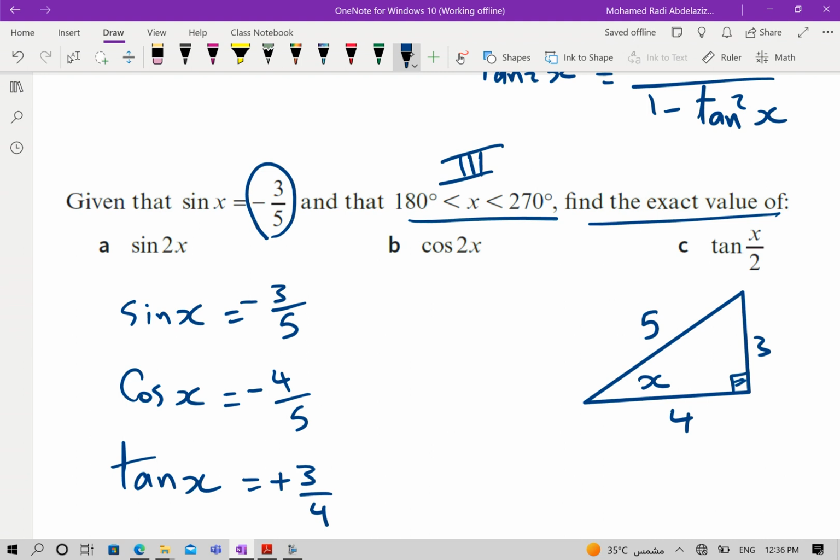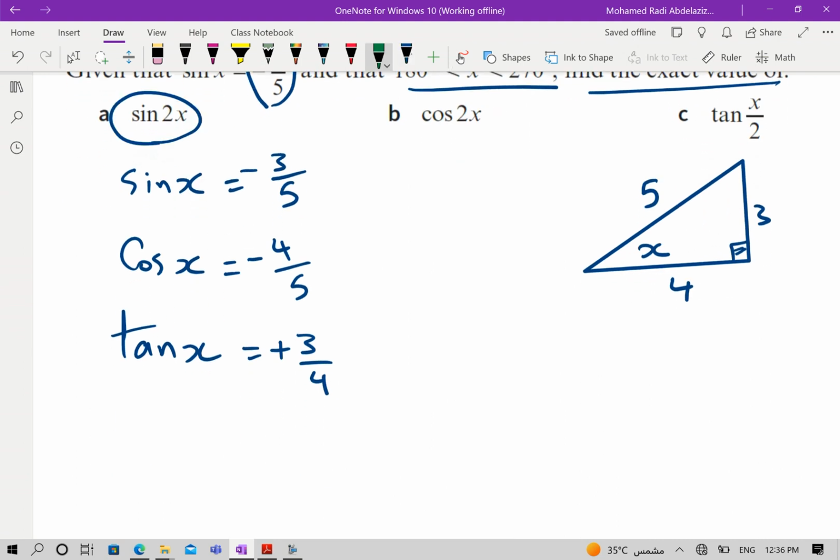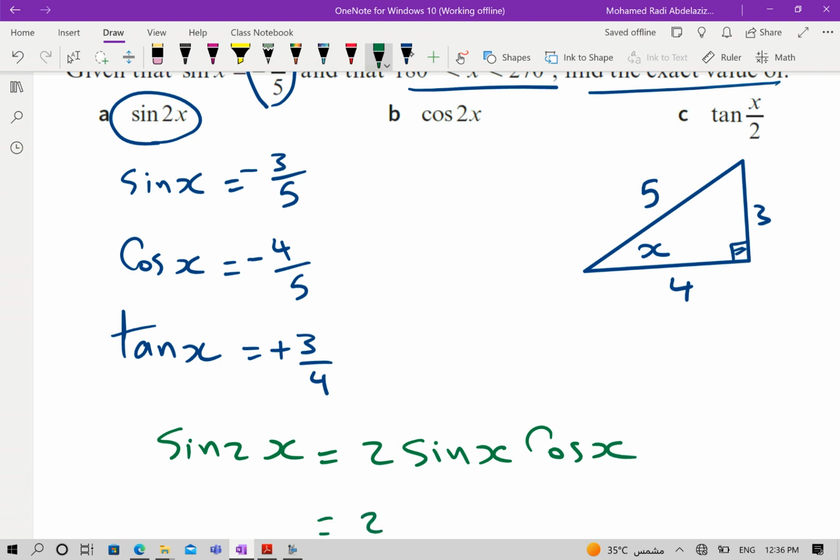We'll now use the formula of sine 2x. Anyone recognize sine 2x? Memorize it: 2 sine x cosine x. 2 times sine x, which is negative 3 over 5, times cosine x, negative 4 over 5.